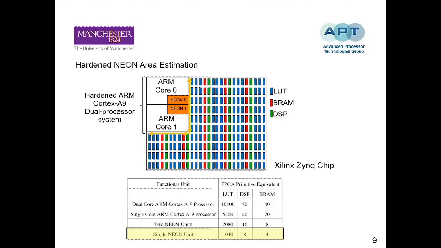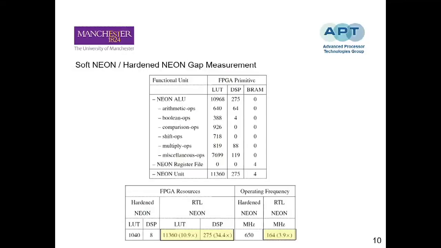Then from that, we made a study of how big the Neon unit is in terms of this ARM core, and we got to a number like this for a single Neon unit, something like 1,000 LUTs, which is the minimal logic unit in FPGAs.